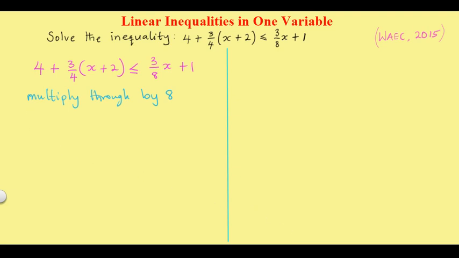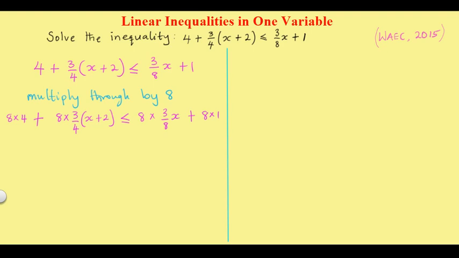So if we do so, it becomes 8 times 4 plus 8 multiplied by 3 over 4, open bracket, x plus 2, close bracket, less than or equals to 8 multiplied by 3 over 8x plus 8 multiplied by 1. So we've multiplied each term through by 8.